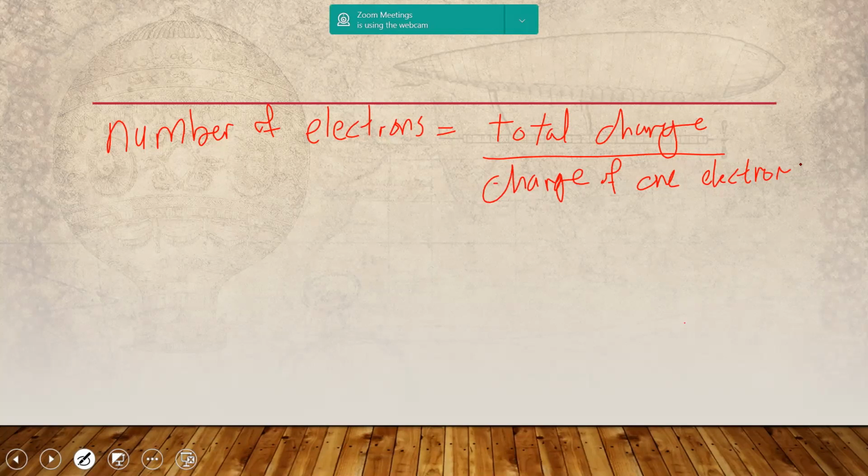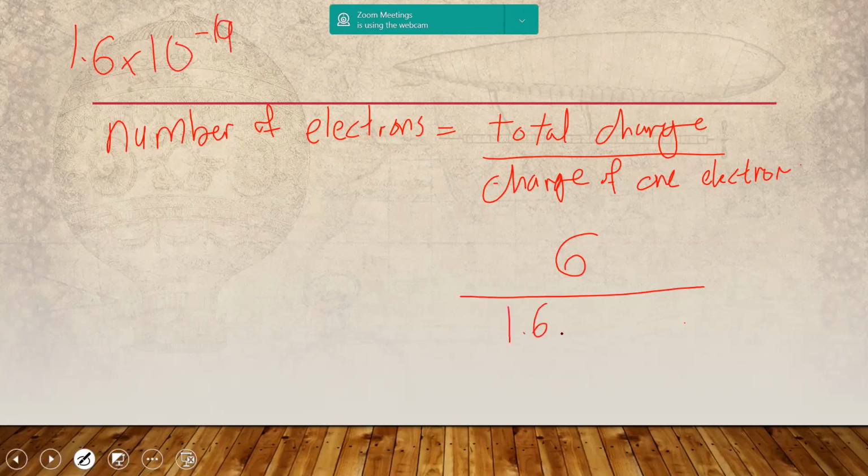What does it mean? If the total charge is 2, this is an example, or 6, okay? Because it must be a whole number. If the total charge is 6 over the charge of one electron, as I told you, it is 1.6 times 10 to the power negative 19.